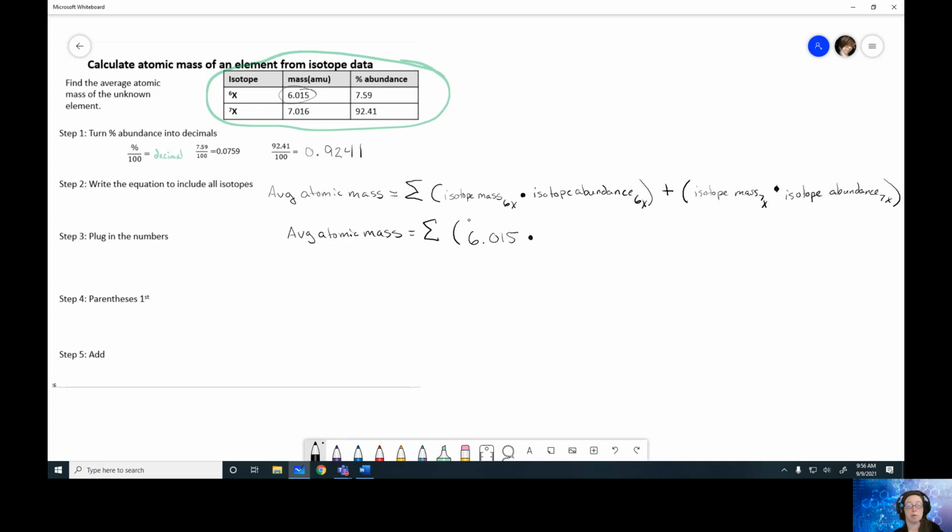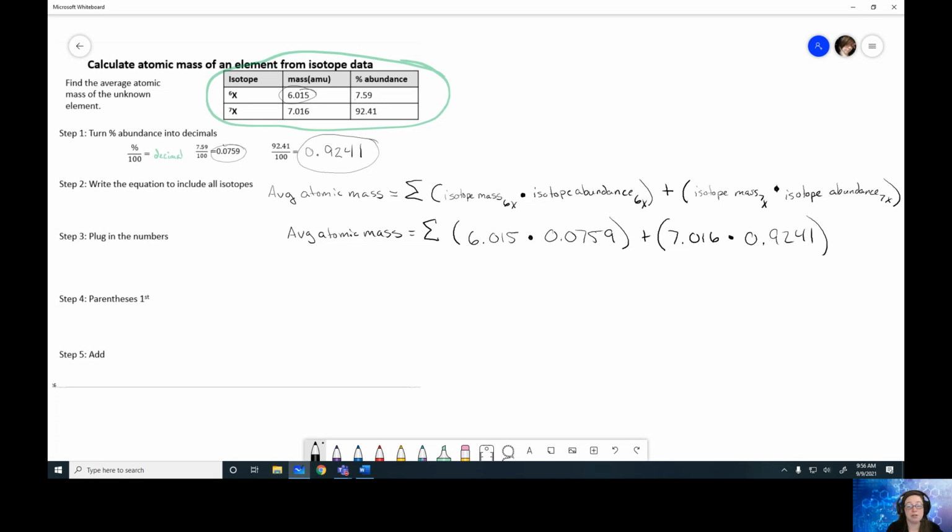And then we're going to multiply by the decimal that we did in step 1. So that would be 0.0759. Then we're going to fill in the blank for 7x. So the mass is 7.016 times this decimal that we calculated up here, which is 0.9241.